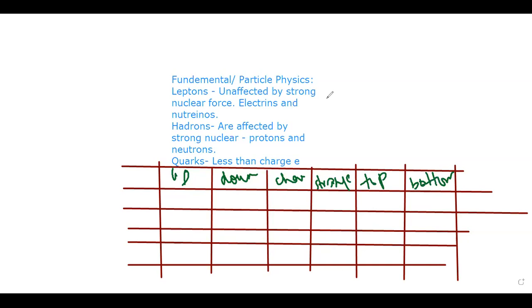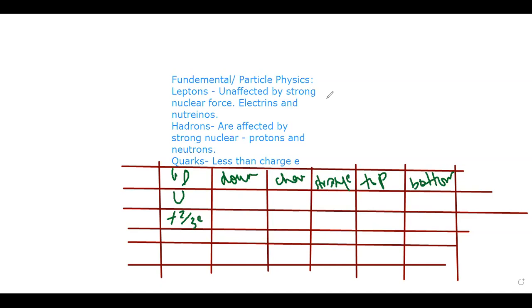Now, let's discuss the different features. What is the symbol for up? The symbol for up is U. What is the charge on up? The charge is plus 2 upon 3 E, where E stands for 1.6 times 10 raised to power negative 19. I told you that quarks have a charge less than E, so 2/3 of E, and it is a positive charge.